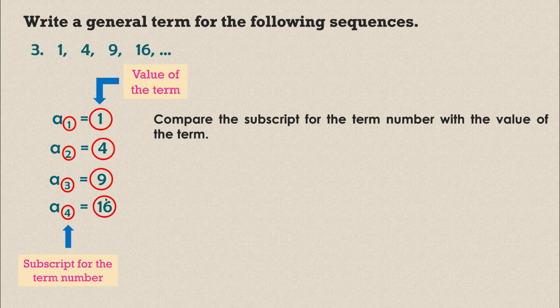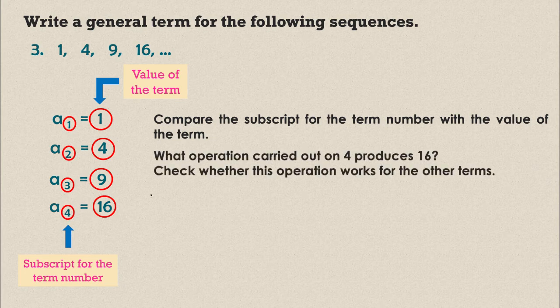Now, ask yourself, what operation are you going to use with 4 to arrive at 16? Okay, so what operation carried out on 4 produces 16? And once you find it out, check whether that operation will also work for the other terms.